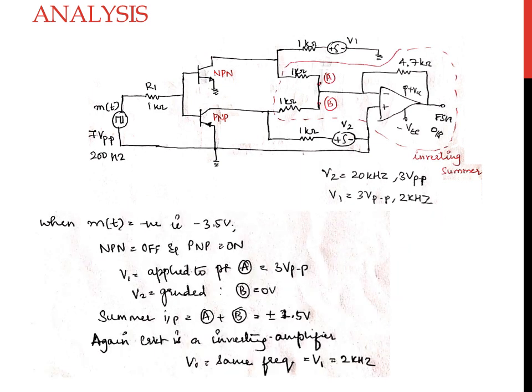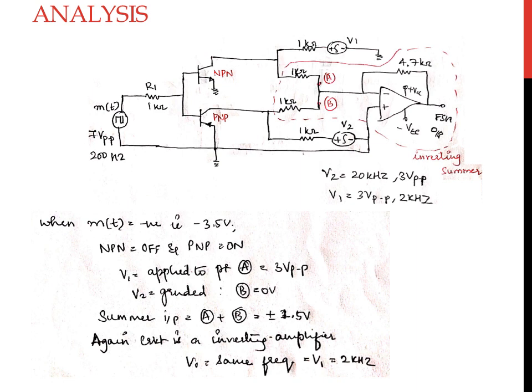Now coming to the analysis of what happens when you apply a negative voltage of m of t. When you apply a negative voltage of minus 3.5 volt to the base terminals of the two transistors, the PNP transistor will turn on and the NPN transistor will turn off.